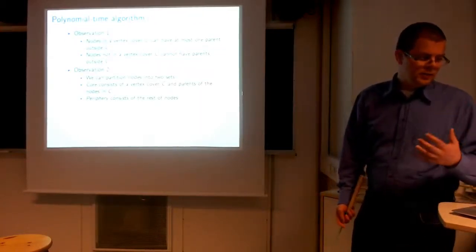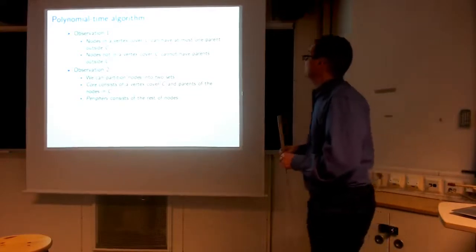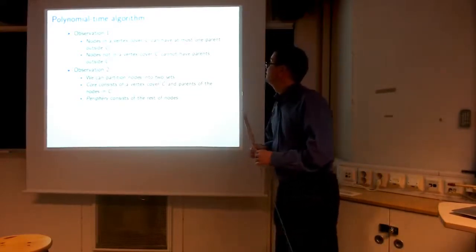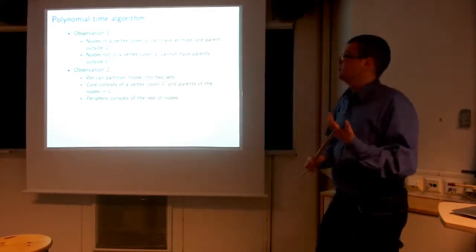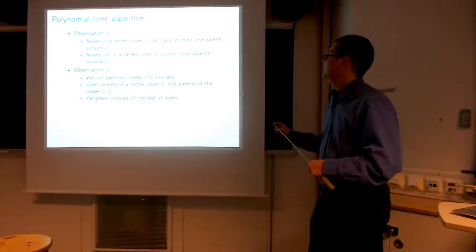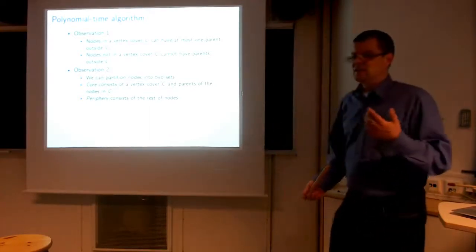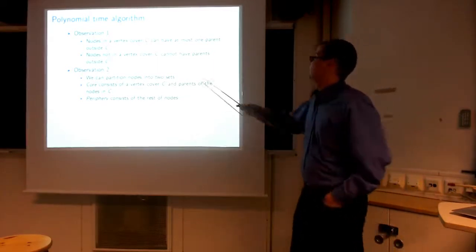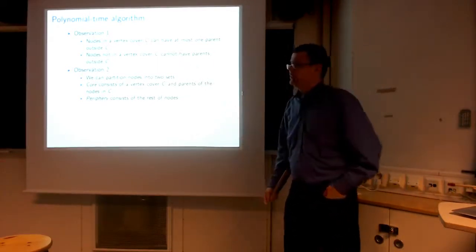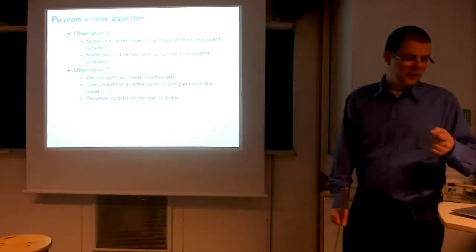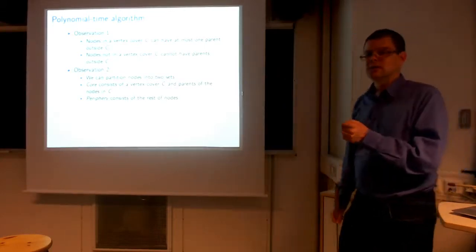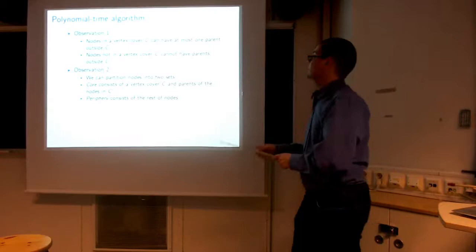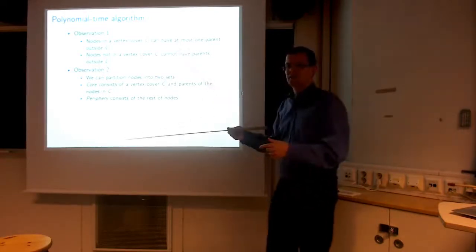So to do that, we have some observations. First, we observe that if we have in our DAG, or in a Bayesian network, some node that is in the vertex cover, then it can have at most one parent outside of the vertex cover. Now this comes from the moralization.